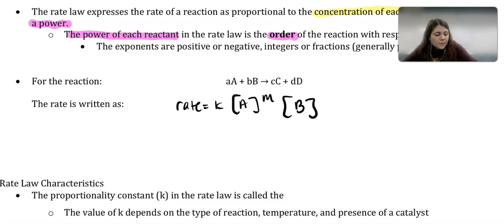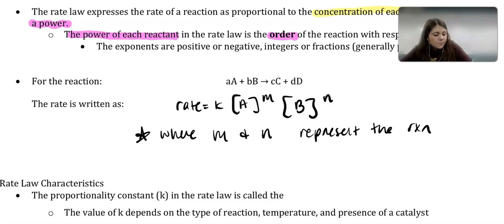The reason it's the reactants, not the products, is because the reactants are always going to affect the entire reaction. If those reactants aren't reacting, you aren't going to make any products. You will notice that I raised both A and B to some power, where m and n represent the reaction order with respect to that reactant.